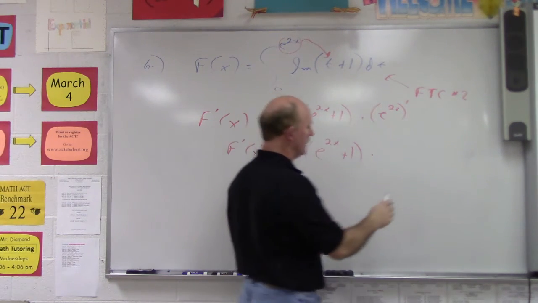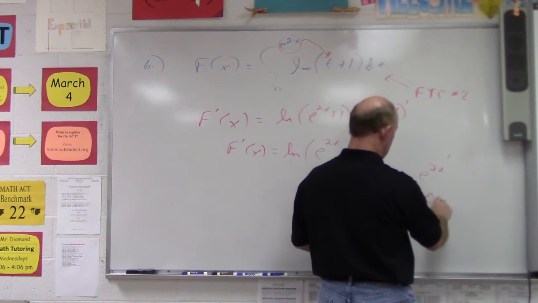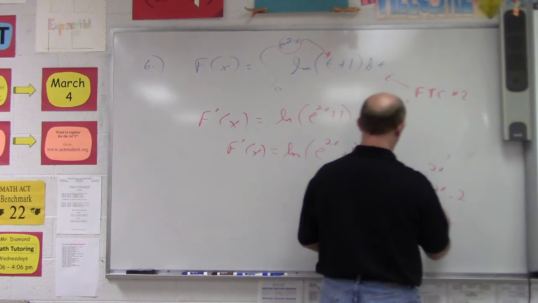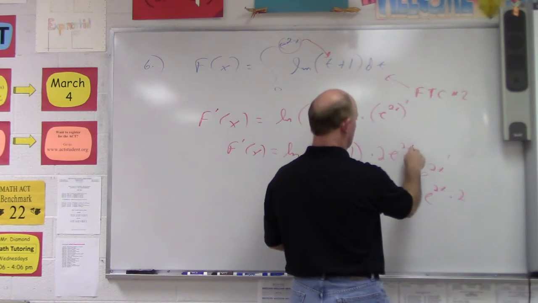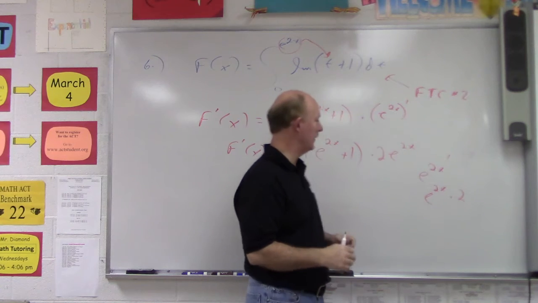As you take your derivative, e to the 2x would be e to the 2x times 2, which is 2e to the 2x, right? So you've got to use the chain rule there to take that derivative, I guess.